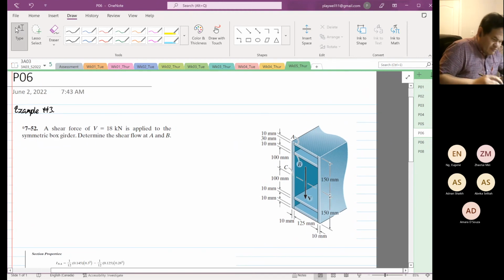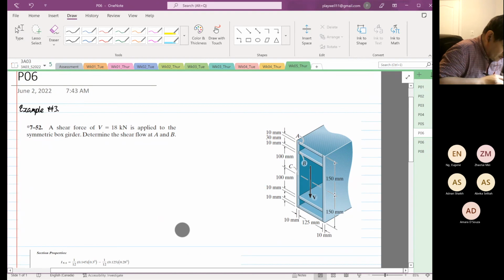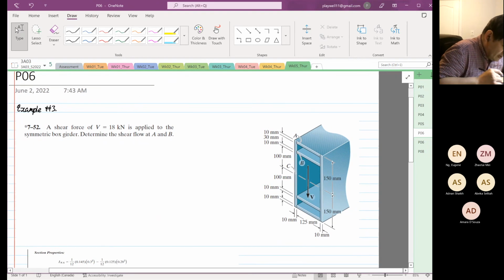The shear force V is acting on our structure. Determine the shear flow at point A and the shear flow at point B. So we have to find the shear flow at point A and the shear flow at point B.